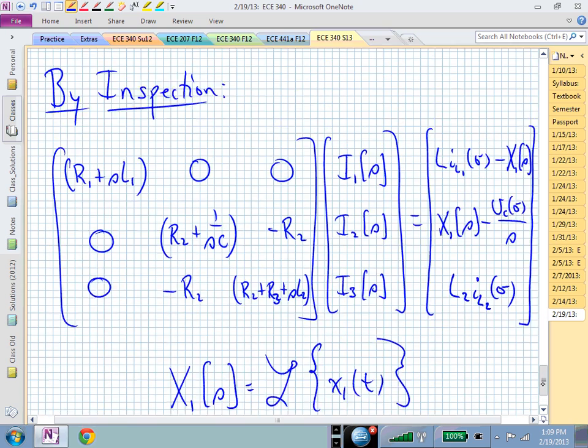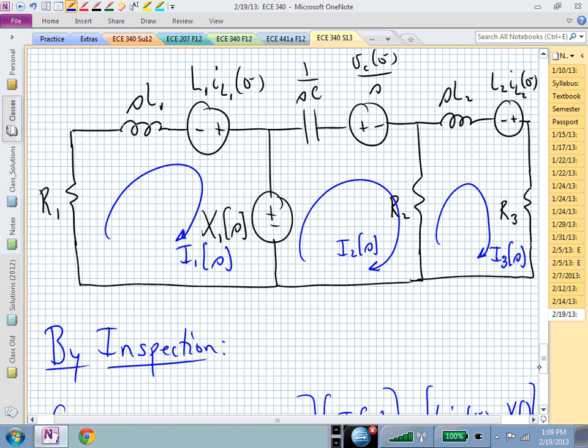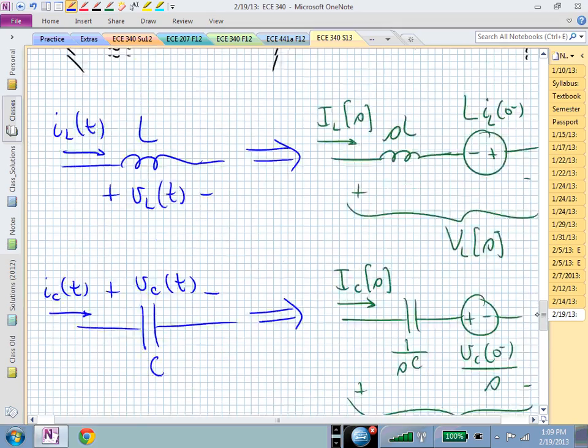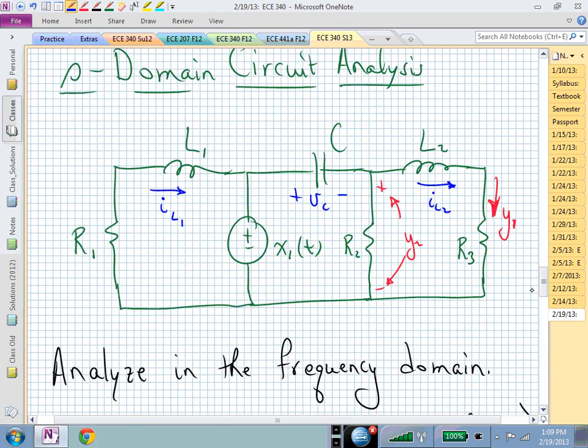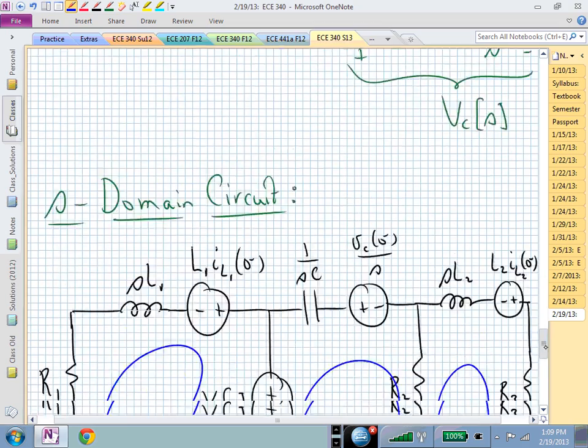Now what I didn't do in this S domain circuit is identify the outputs. What was Y sub 1? Y sub 1 was a current, wasn't it? And that was flowing through R sub 3. And I can do that same current here.